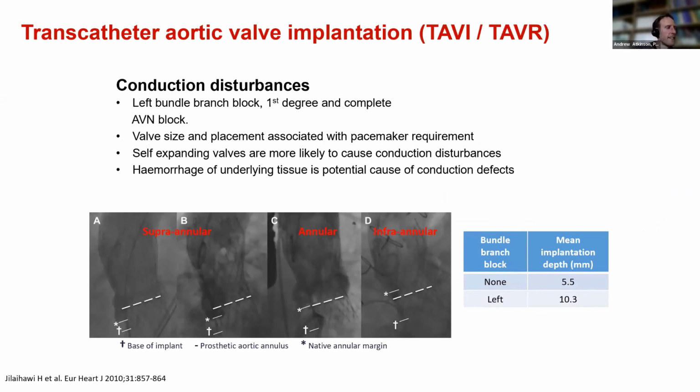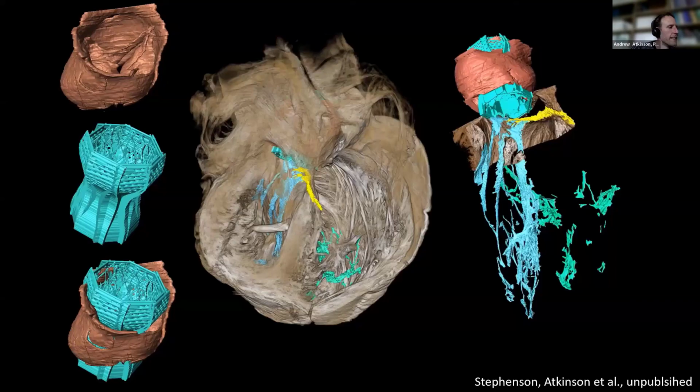I hope we should be able to see from the next slide that it's put down to the size of the actual implant that we're putting in. It's also been shown that the more infra-annular a valve is implanted beneath the native aortic valve leaflet, the greater the chance of requiring a pacemaker.